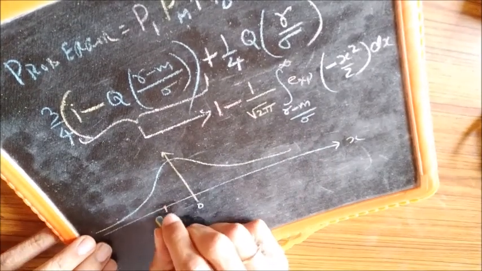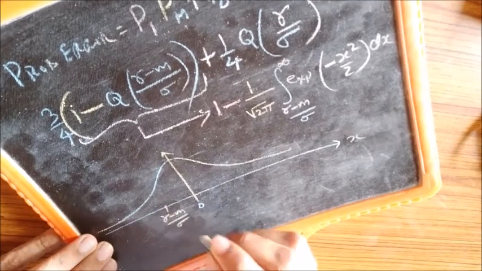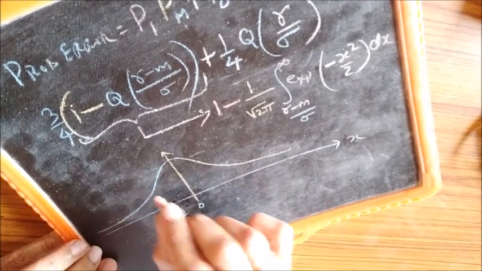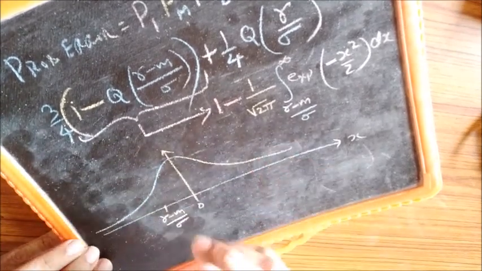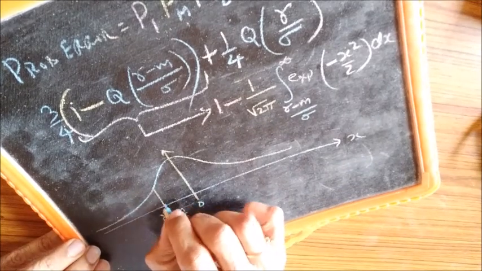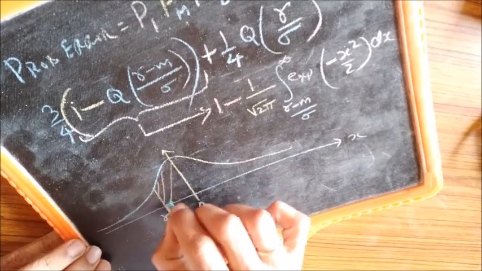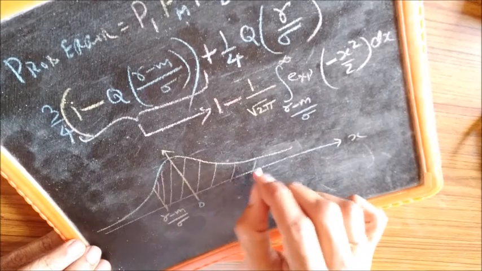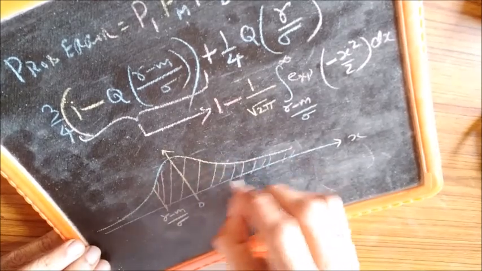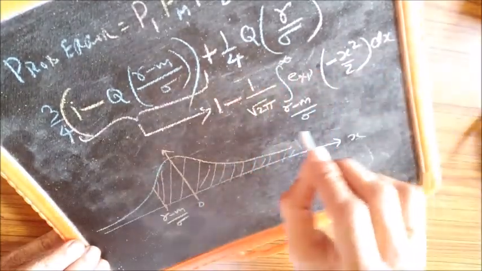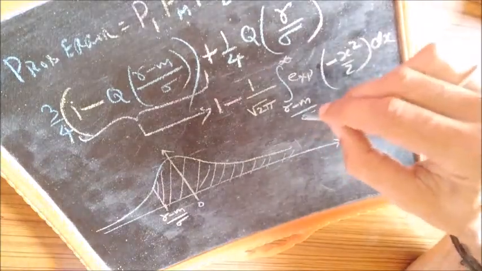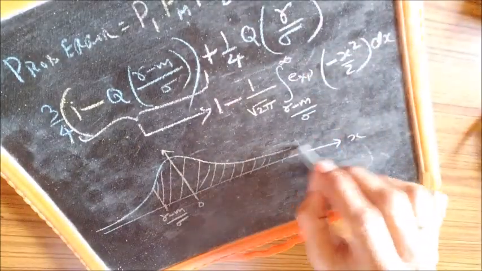I will choose gamma minus m by sigma here; you can choose it wherever you want, and the theory remains the same. So it is this area that you have here, integrating from gamma minus m by sigma to infinity. Of course, this extends to infinity.